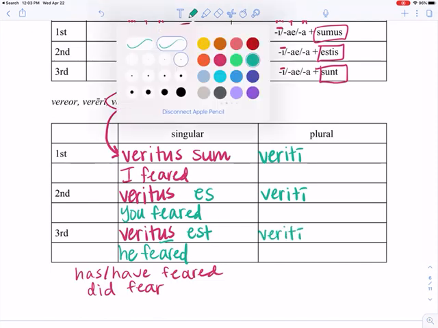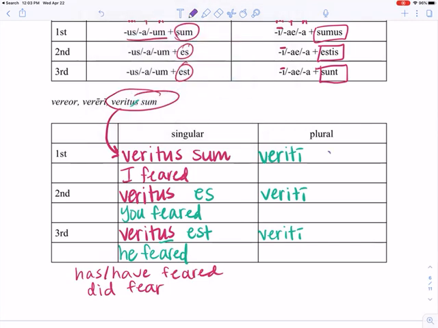So our form of sum is going to go to sumus. So this is we feared. For second plural, we'll add estis for veriti estis, and this is y'all feared.